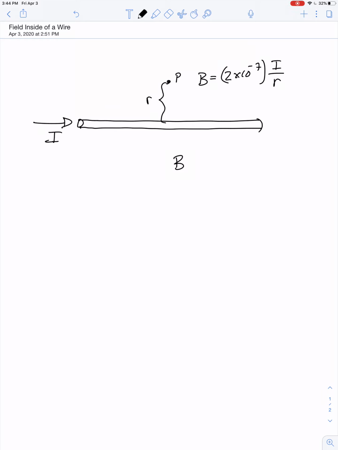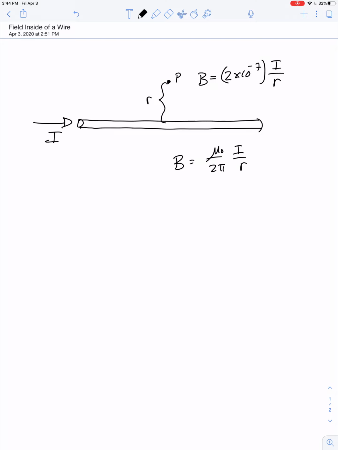Or if you wanted its original form, mu naught over 4 pi... mu naught over 2 pi times I over r.